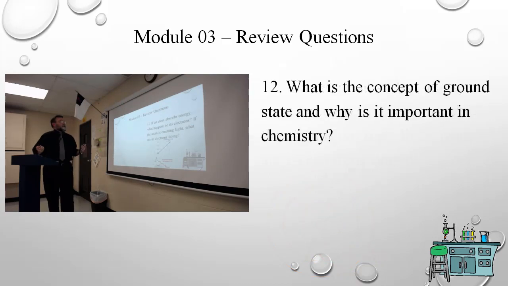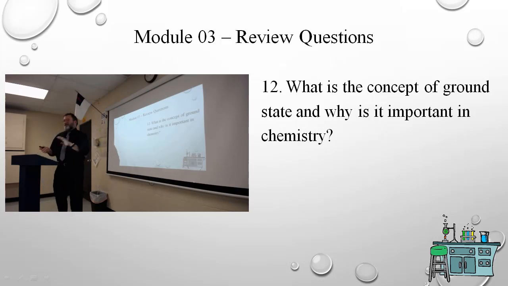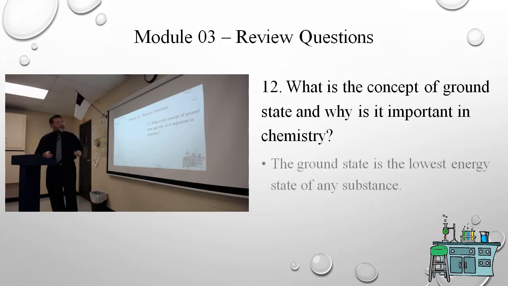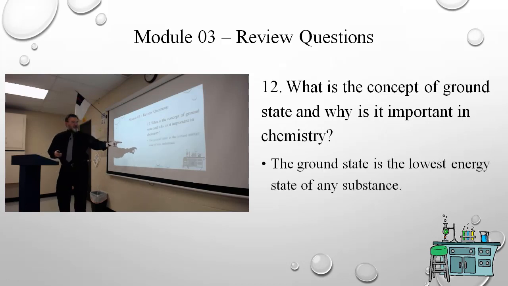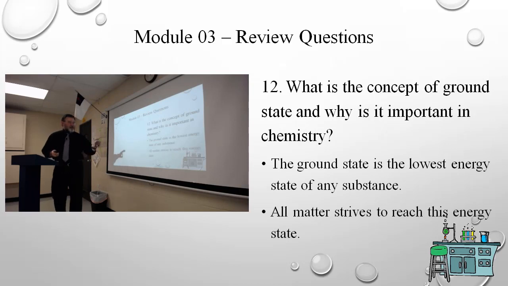All right, 12. What is the concept of ground state and why is it important in chemistry? And we just covered it, so I'm not going to ask you to go through that. But the ground state is the lowest energy state of any substance, and matter strives to reach that energy state. Matter wants to be, again, personifying matter.